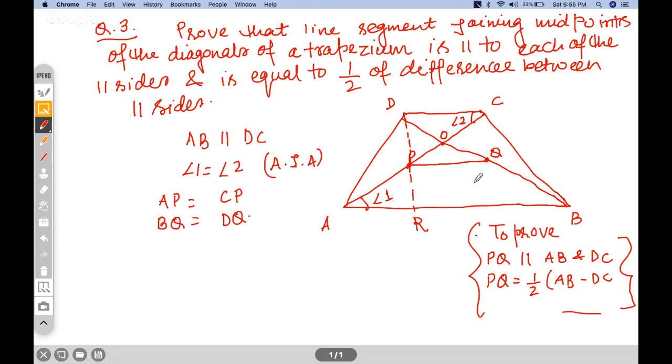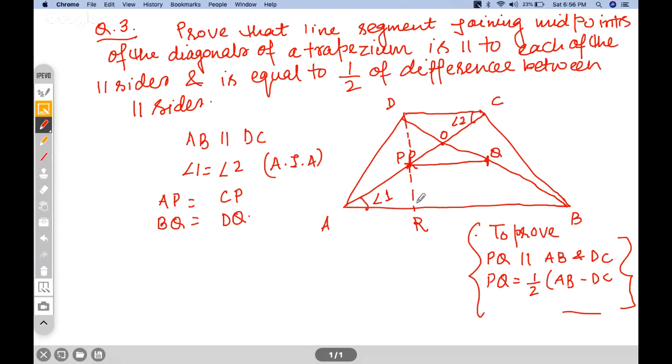For that, I already know that Q is the midpoint of DB, but I don't know whether P is the midpoint of DR or not. I'm writing P again here because it's not looking clear. What I need to prove is that P divides DR into two equal halves. You should not get confused that P is the midpoint of AC, hence P would be the midpoint of DR also.